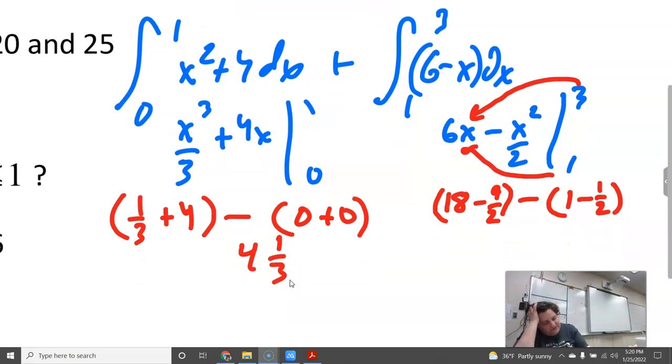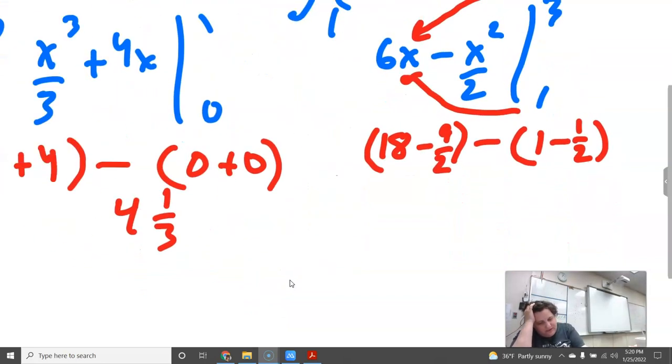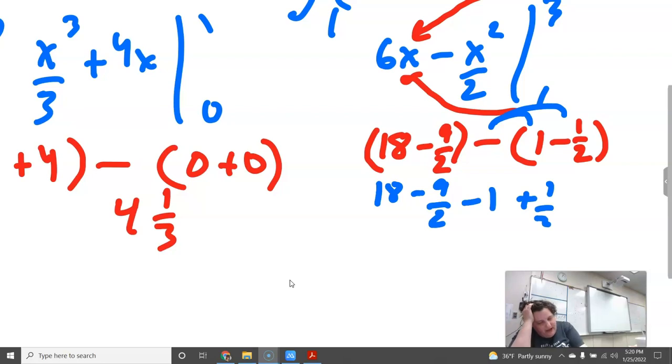Now, remember I was telling you guys, if you have fractions on both, here's what I like to do, okay? I'm going to keep this the same, make that minus 1 plus 1/2. I'm going to combine these together because -9 plus 1 is -8. So together, those give me -8 over 2, which is -4, okay? So this side is 18 -4 and -1, which is 13.